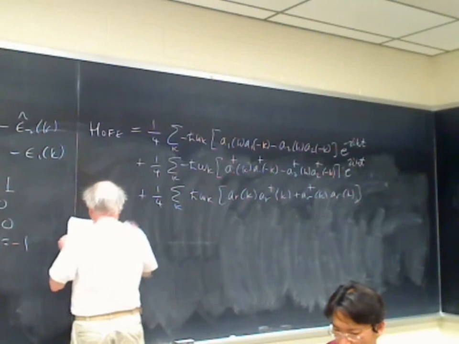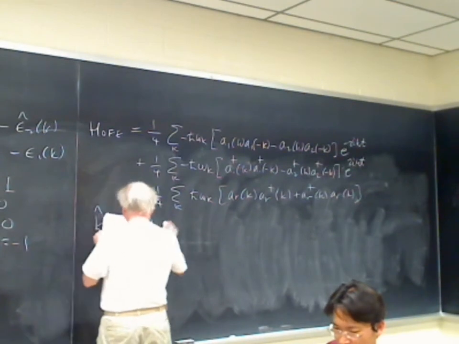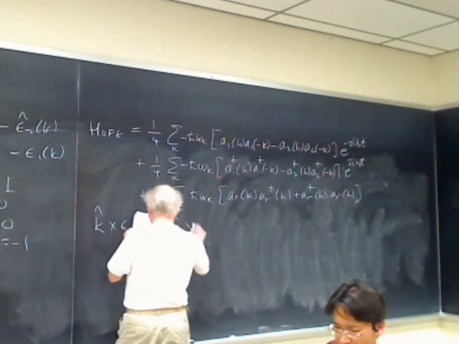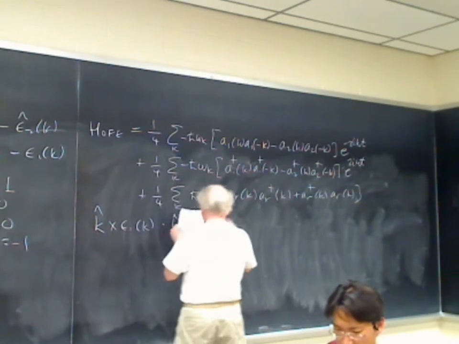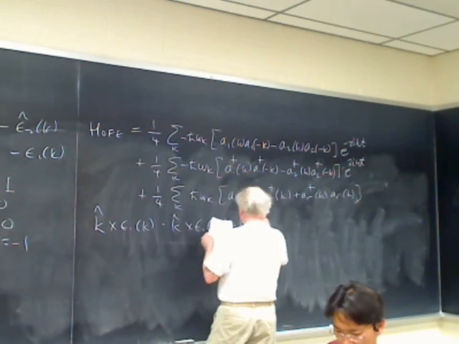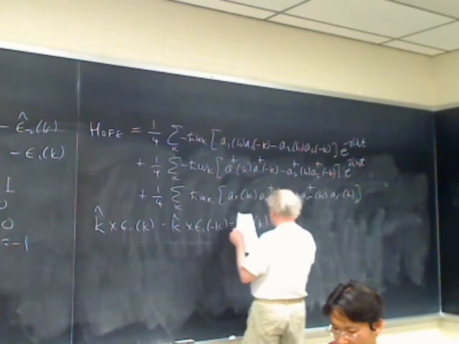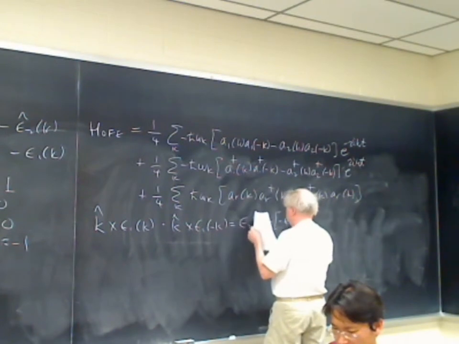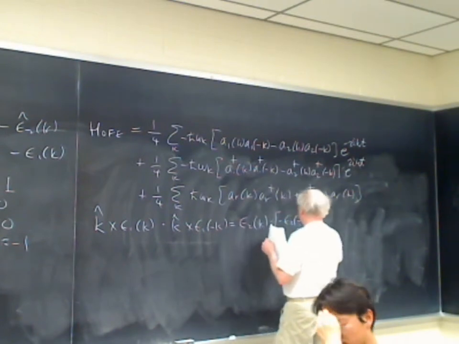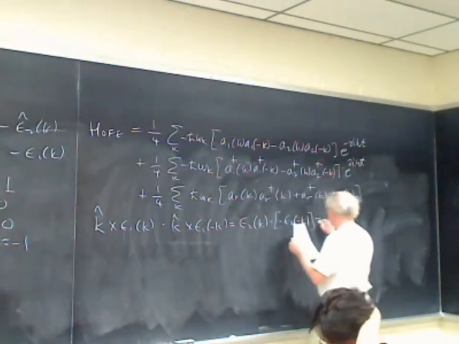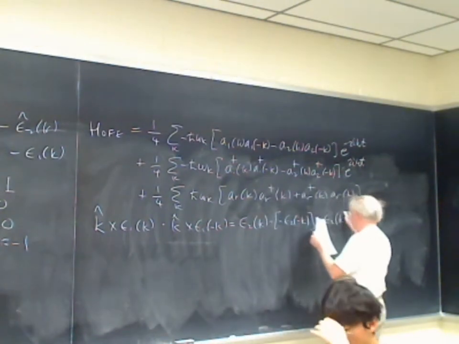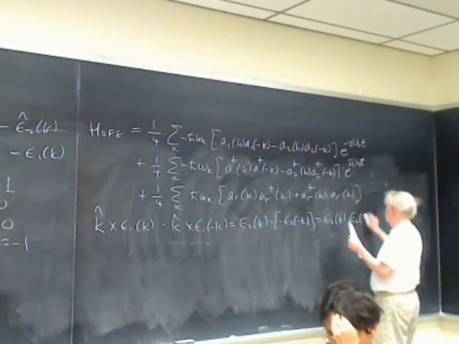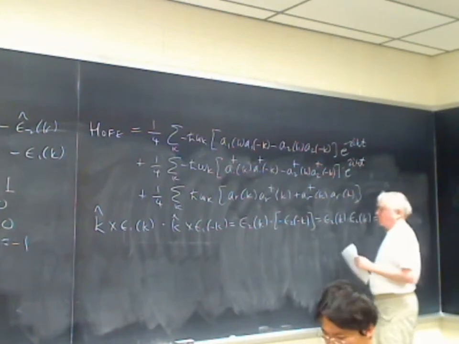K hat cross epsilon 1 of k dot k hat cross epsilon 1 of minus k. Well, this is epsilon 2 of k dot into minus epsilon 2 of minus k. And this is epsilon 2 of k dot epsilon 2 of k. So this is actually 1.